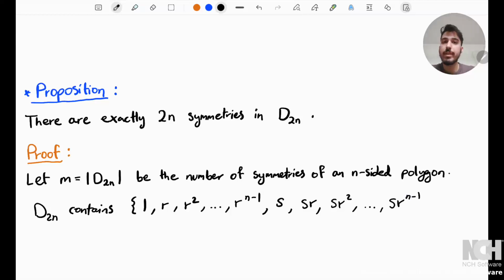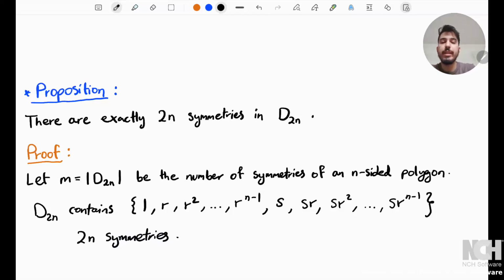Why not S R to the n? It's because, again, R to the n is equal to 1. So that means now I have come up with how many? I have come up with 2n symmetries, and I've listed them here.